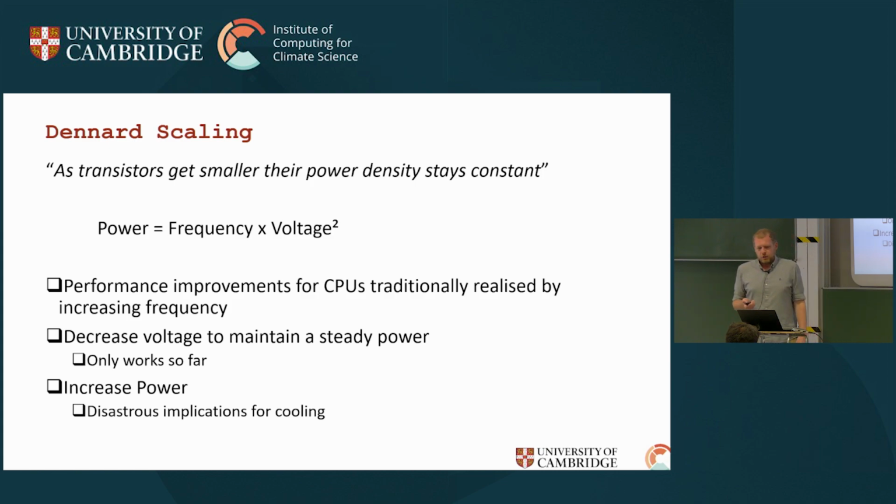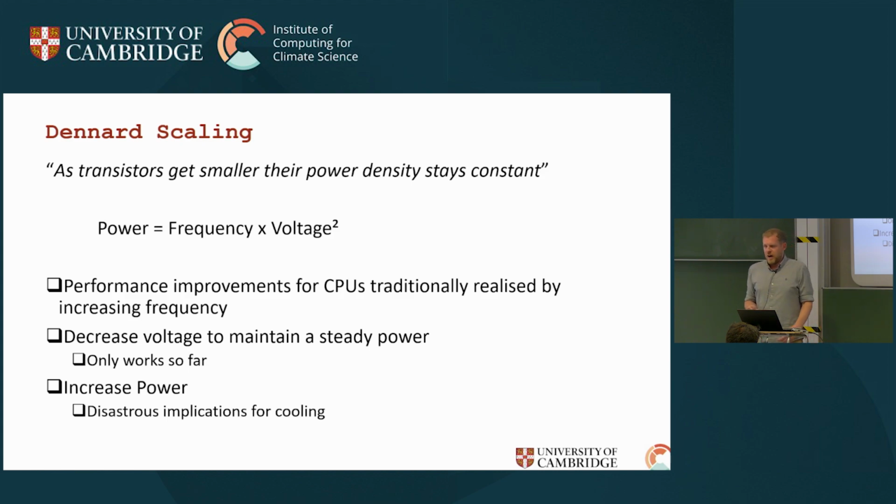Despite the fact that performance has traditionally come from that, Moore's law said instead that we're going to get more transistors, and Dennard scaling means that we can have more transistors within the same power window. But it's not giving us performance, it's not giving us what we need, it's just giving us more transistors.